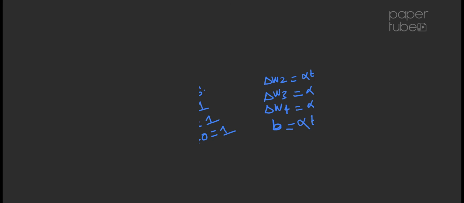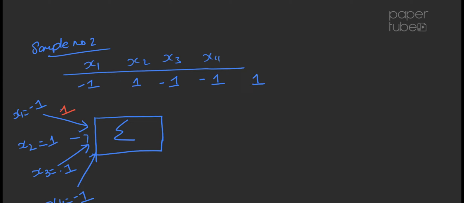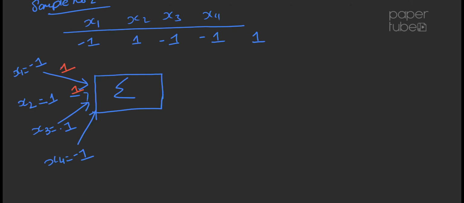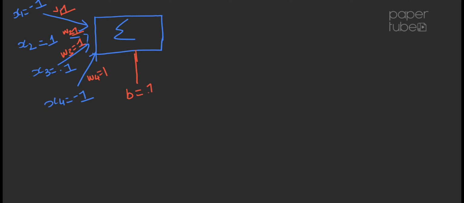If you go back here, just follow the red line. We have the new weights, weight 1, weight 2, weight 3, weight 4 all 1, and the new bias is 1. So let's enter these values in the perceptron: weight 1 is 1, weight 2 is 1, weight 3 is 1, weight 4 is 1, and the updated bias is also equal to 1.